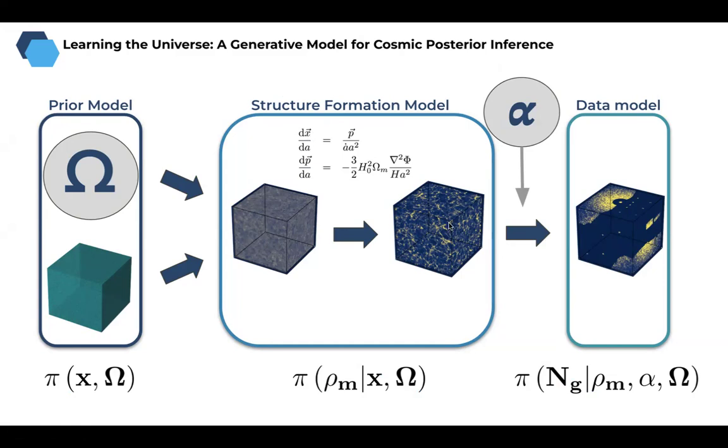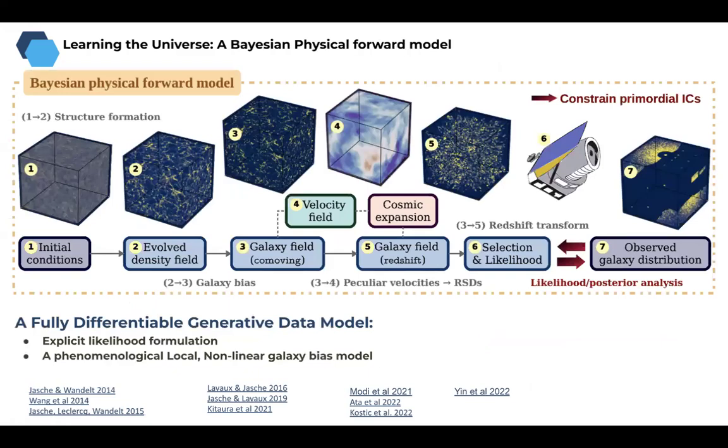Then we can turn the simulated outputs of this nonlinear gravitational evolution into an observation by using phenomenological galaxy bias models and selection functions and so on. We make a prediction for the actual observations, which we can then compare to actual data, see how well we reproduce the actual data, and update our initial guesses. The actual physics forward model is much more complex in reality than just shown above.